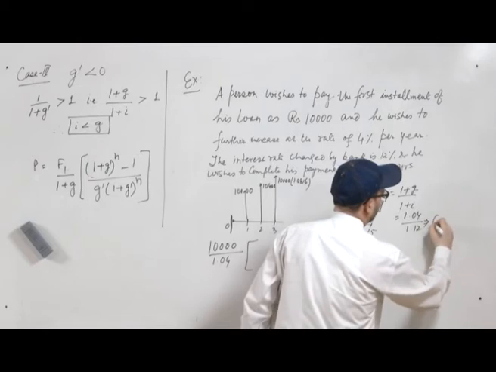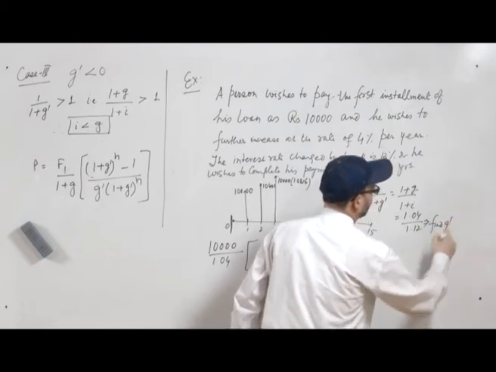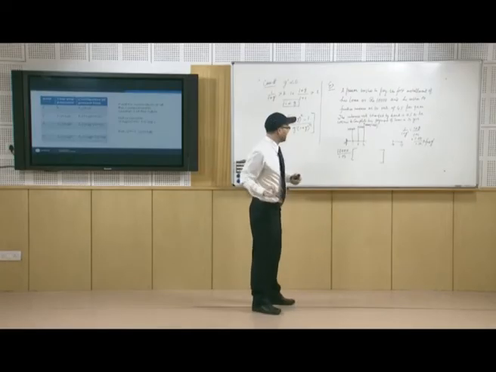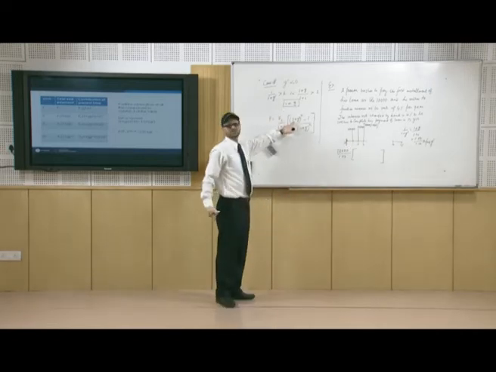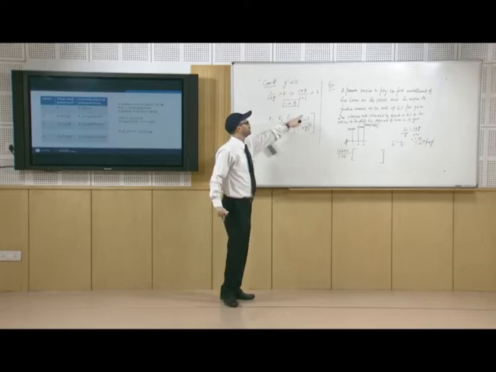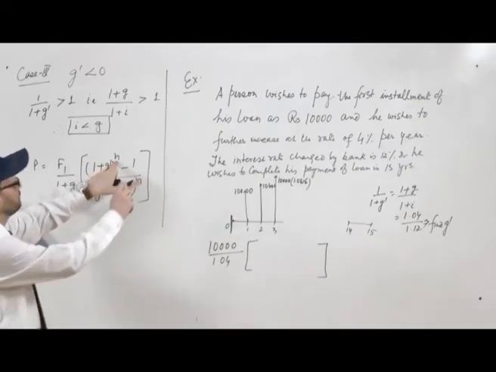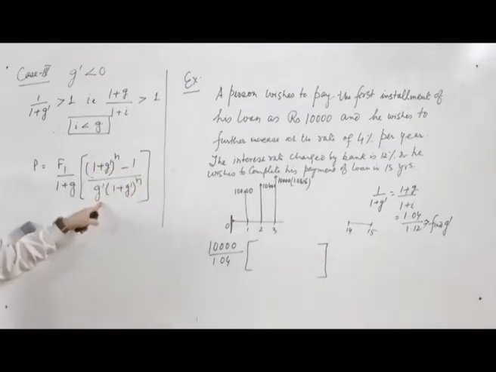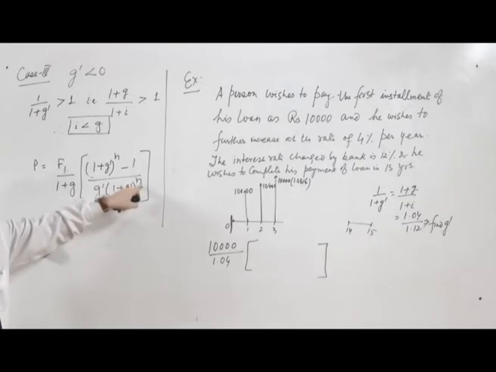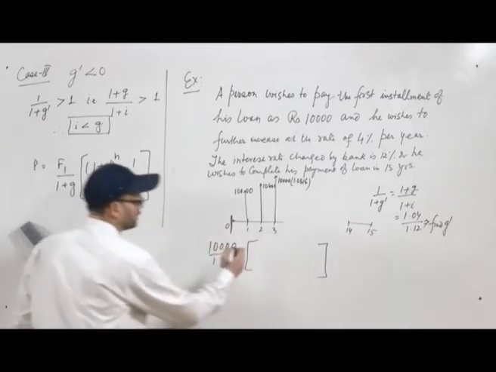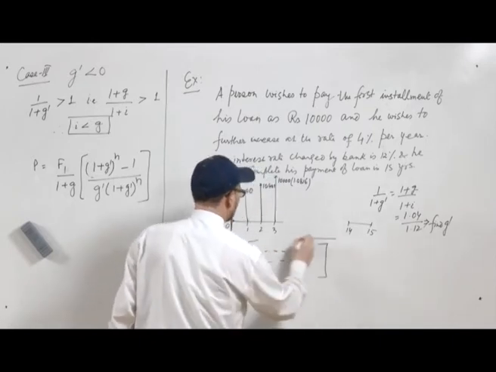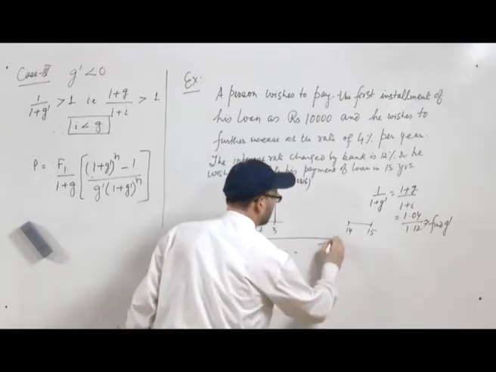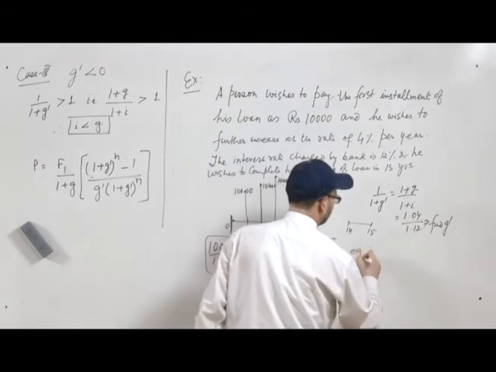So from here find g prime, and once you find g prime you can put it in this equation: 1 plus g prime to the power n, that is 15, minus 1 by g prime into 1 plus g prime raised to the power 15. So, this amount will be calculated, and this amount will be the equivalent principal amount, the present amount.